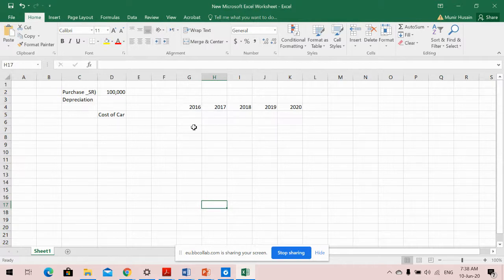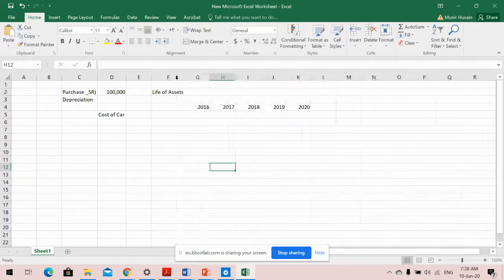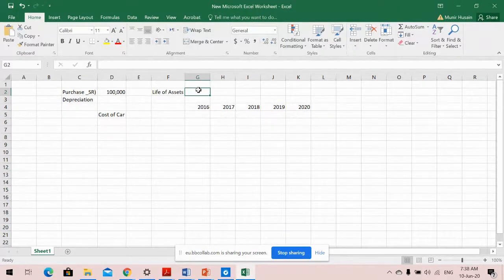Now, how do we calculate depreciation? For depreciation, we need to know the life of the asset. This is what you have to estimate from the beginning. Let's say we said that the life of this car is 10 years as an example.